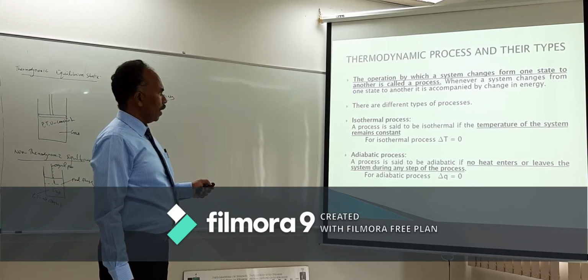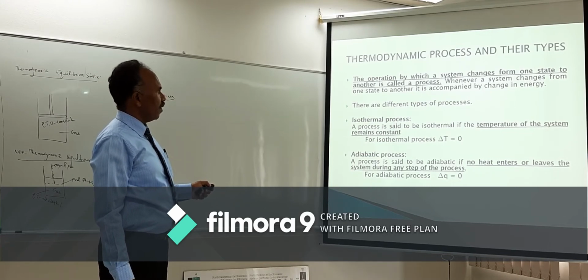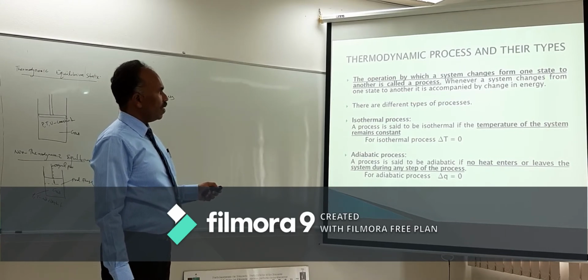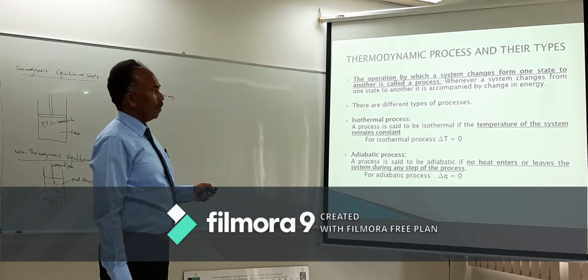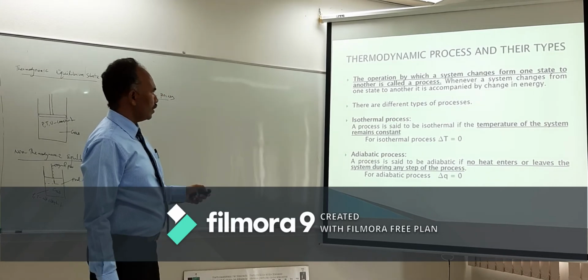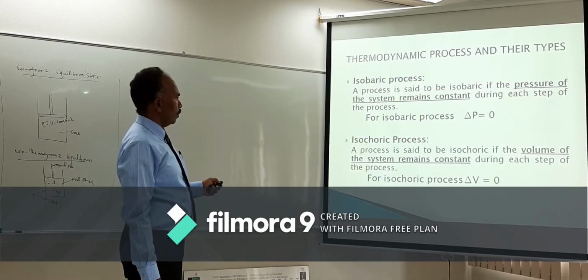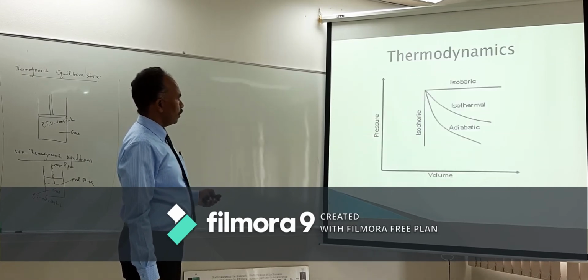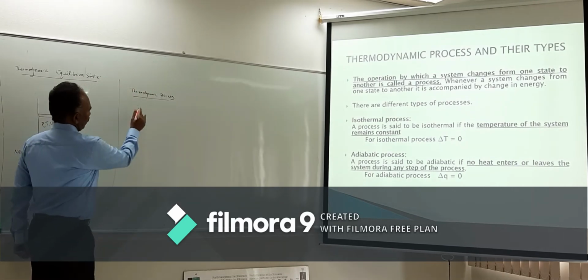The operation by which a system changes from one state to another state is called a process. Whenever a system changes from one state to another, it is accompanied by a change in energy. There are different types of process: isothermal process, adiabatic process, isobaric process, isochoric process. Now, the first one is isothermal process.